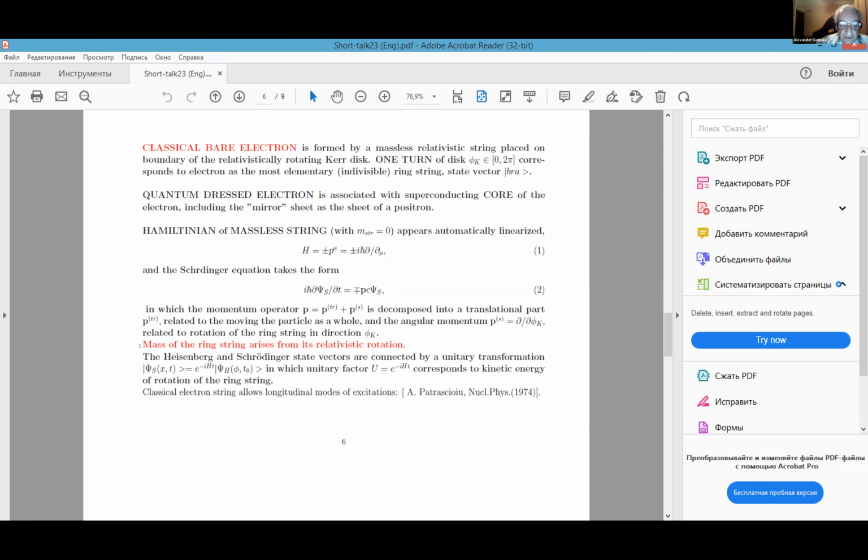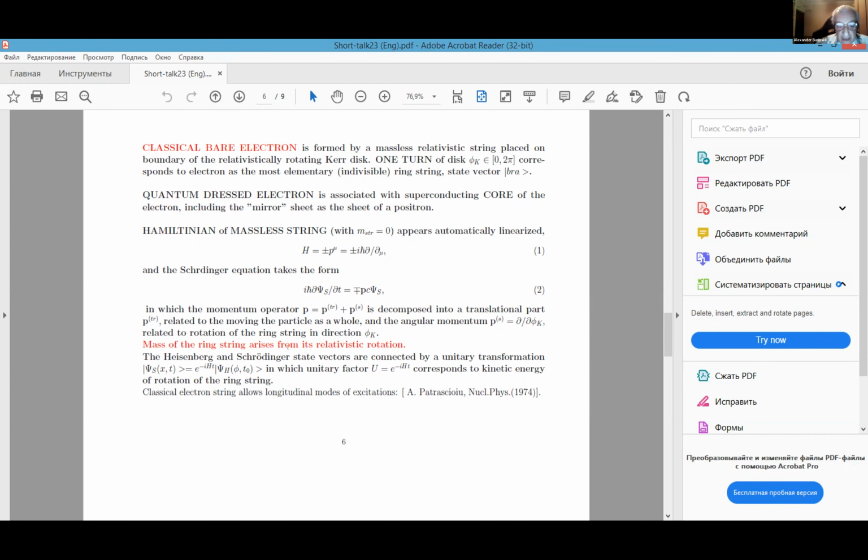And in fact, by relativistic rotation, Lorentz contraction shrinks the size of the Kerr ring to a point. There is, in fact, no contradiction between point particles of quantum theory and the ring string, because the ring string shrinks to a point by relativistic rotation.